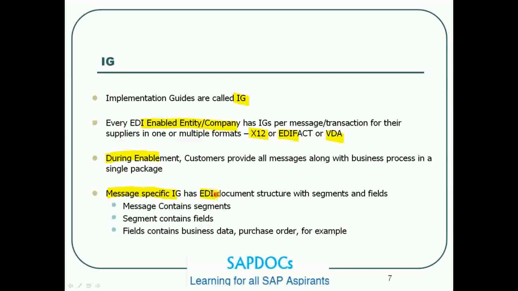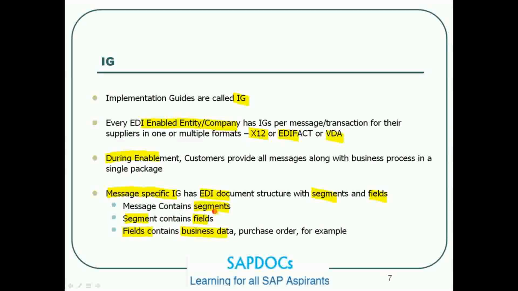And every EDI document, and when I say document, we can call a PO a document, has segments and fields. So a message contains segments, a segment contains fields, and fields contain the business data.